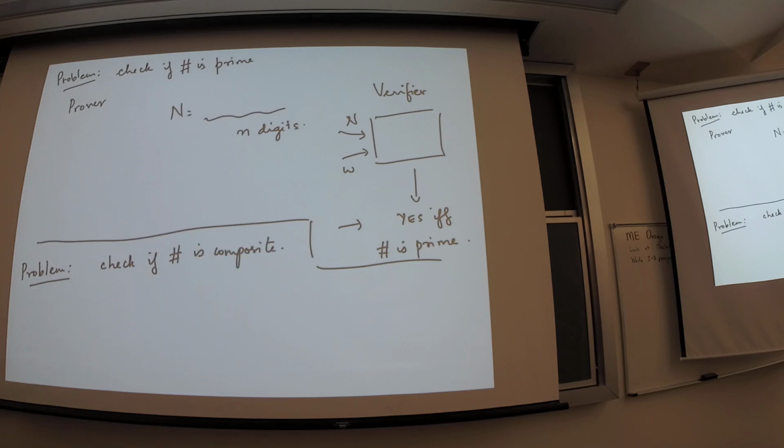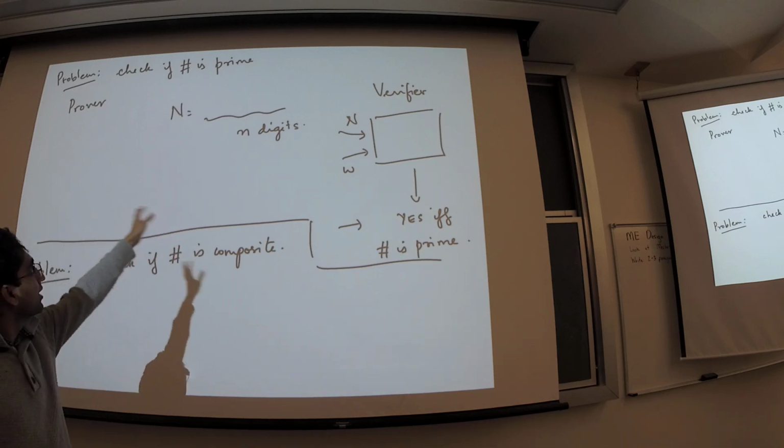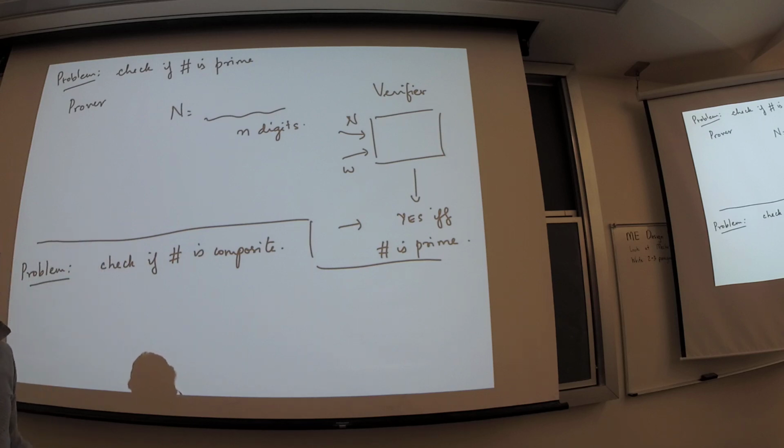So here there is a witness, because now the verifier can expect a factorization of n. All the verifier has to do is check that these two factors are smaller than n, and verify that their product is actually equal to n. So this I think illustrates the difference.